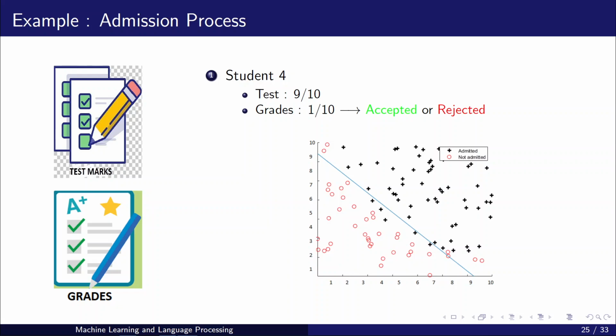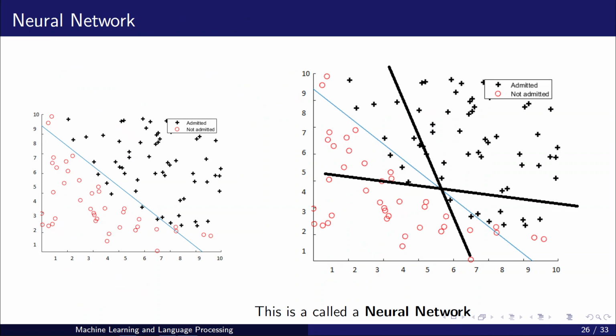So in order to do it in a better way, we can always have some other model. From this model, you can say that this data point will be accepted, but you can go for some other model, something like a parabola like this.